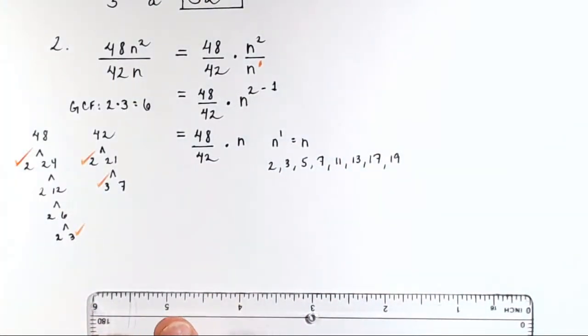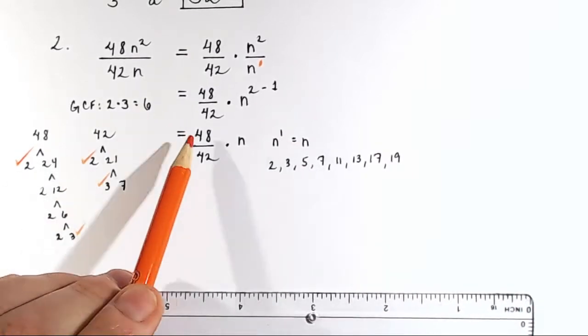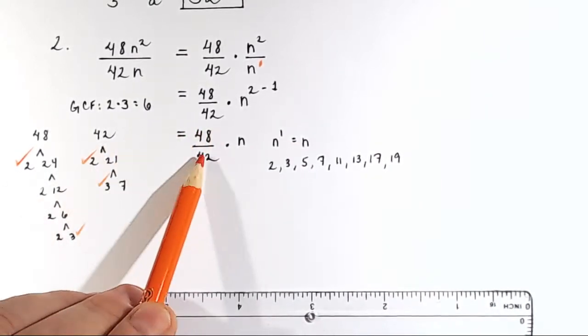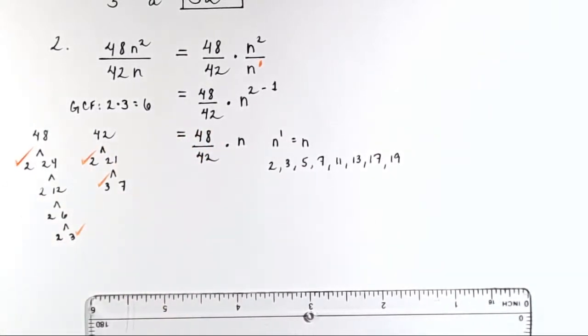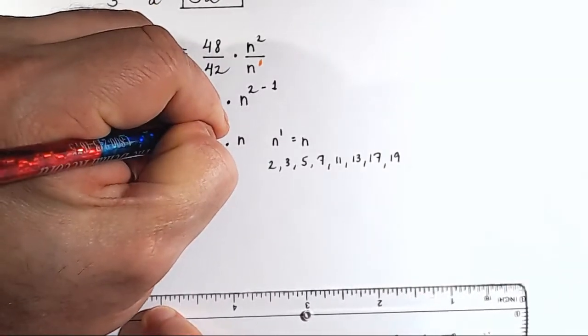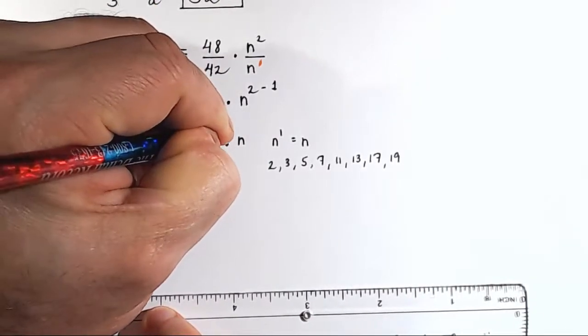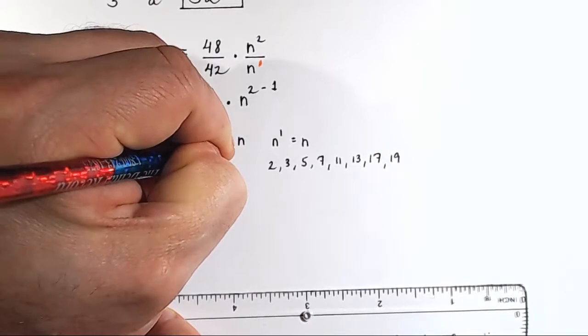What do I use the 6 for? Well, that means I can divide a 6 out of 48 and a 6 out of 42 and be sure, because I've used prime factoring, that I'm simplifying this fraction as much as possible. So we will divide both the top and the bottom by 6.